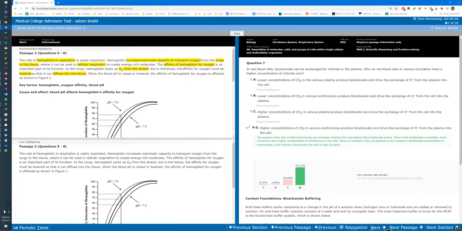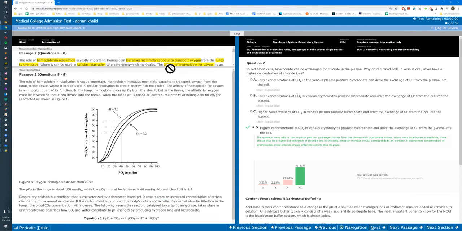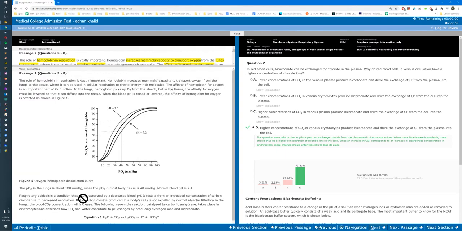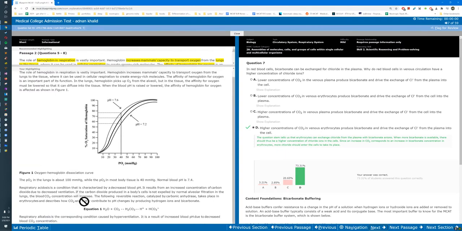Let's see. Yeah, it said somewhere in the passage here about chlorine. Where is it saying that? Oh, here it says. All right, so it says in red blood cell bicarbonate is exchanged for chloride ion. Okay, so blood cells in the venous circulation. If it's in the vein, it's gonna have a lot more CO2, right?